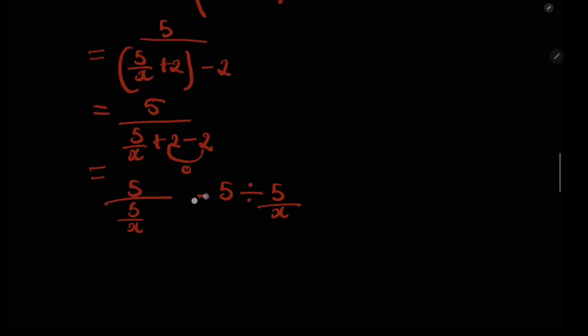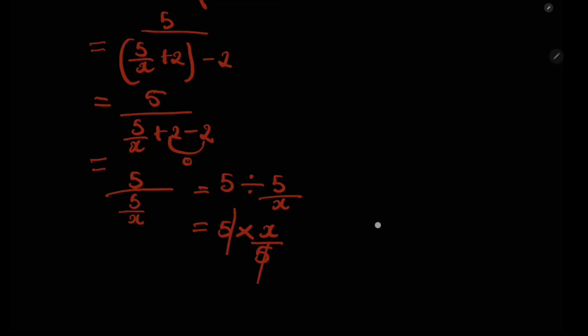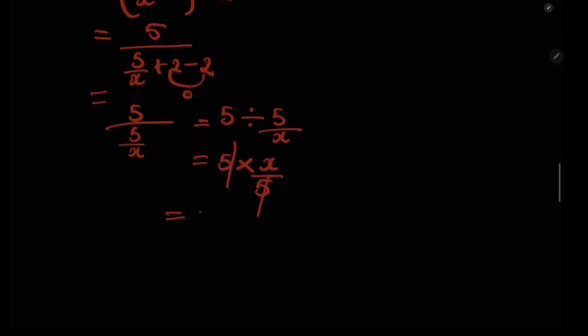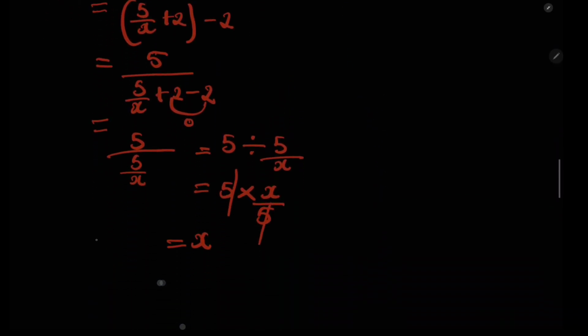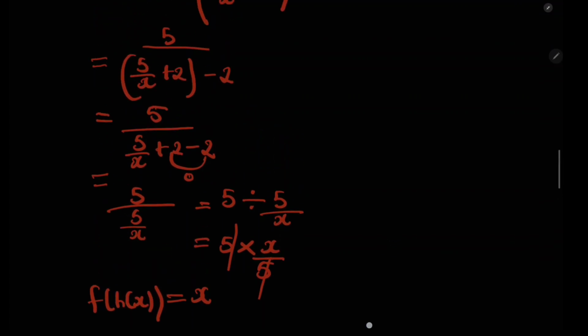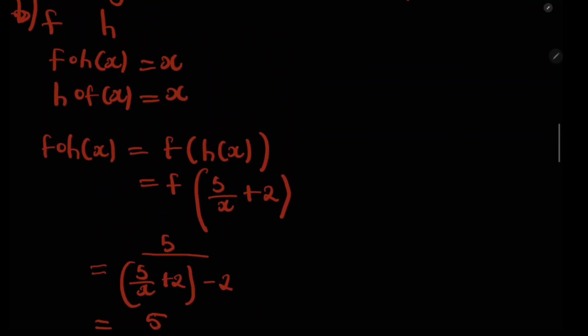This is also the same as 5 times x on 5. As we can see, the 5's will cancel out and we are left with x. So our f of h of x is equal to x. But that's not all. Let's check the next case.